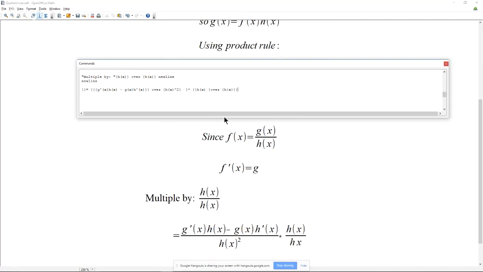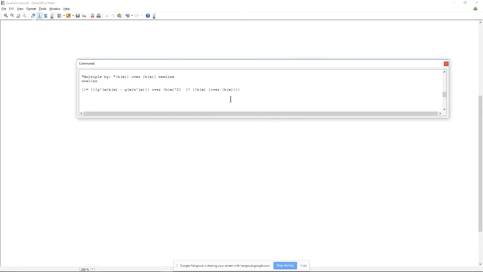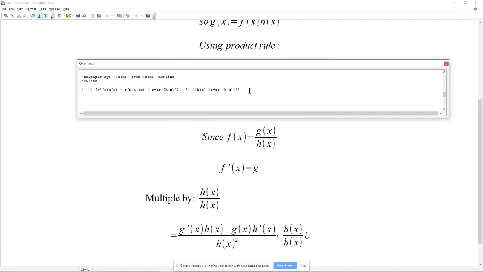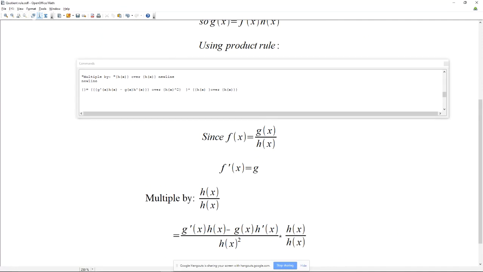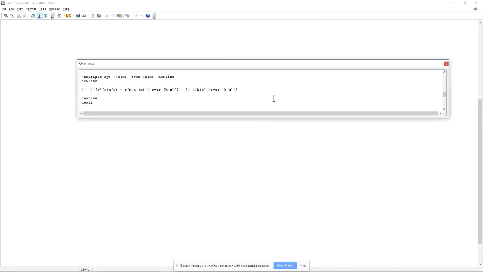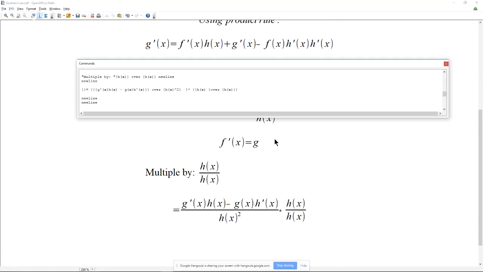There we go. Getting closer, getting closer. I almost got it. There we go. See what a pain this is, right, guys? It's not that simple to do this kind of stuff in this program. Okay. So can you see what's going on now?